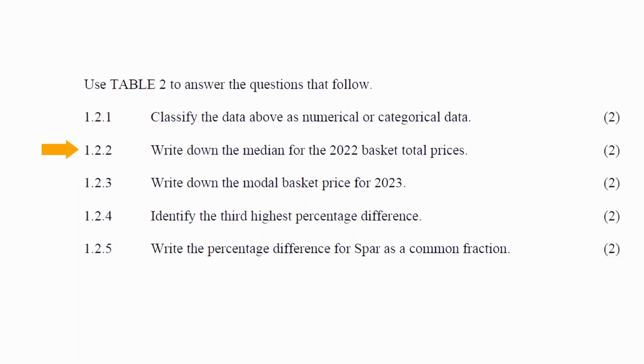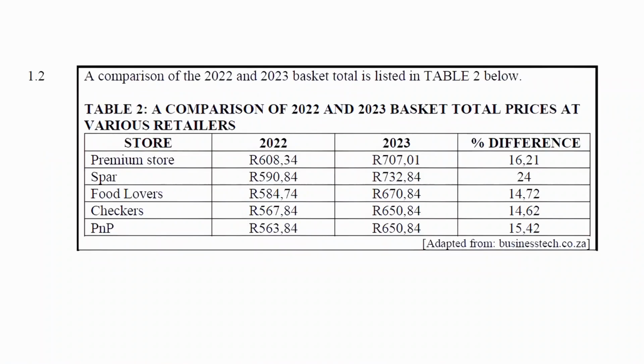In question 1.2.2, you have to write down the median for the 2022 basket total prices. The median of a dataset is the middle value that separates the higher half from the lower half of the dataset when it is arranged in ascending or descending order.